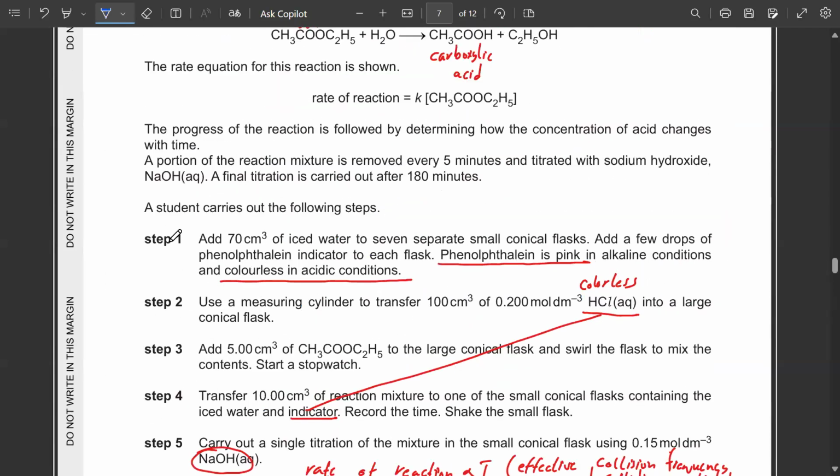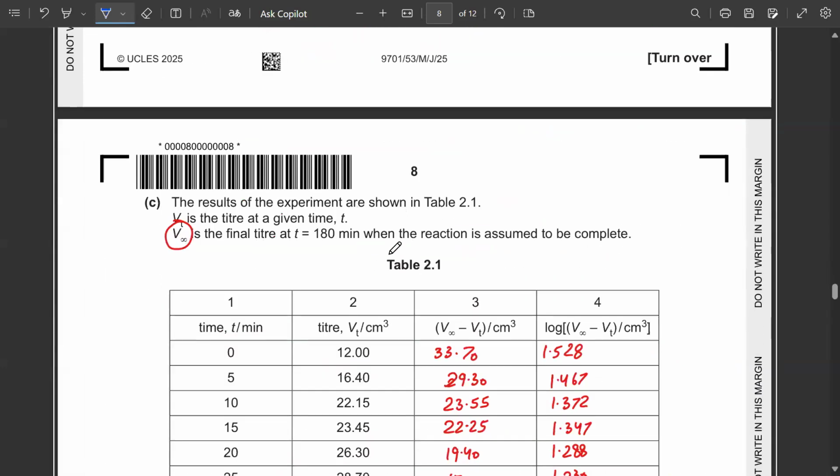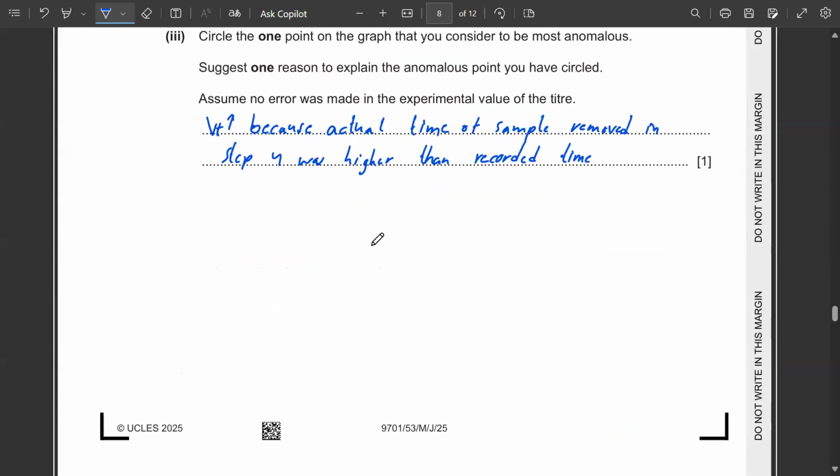Step 4 says transfer 10 cm³ reaction mixture to one of the small conical flasks containing the ice water indicator. Record the time. The time was recorded higher. More time was recorded. That's why the recorded time is higher. Is that clear?